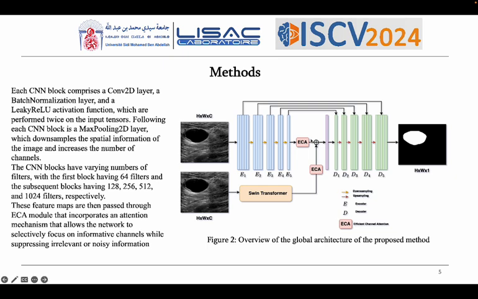After we pass the feature maps through the ECA module, we are going to concatenate them, so that we form one feature map that has richer, more representative features from both the encoders.